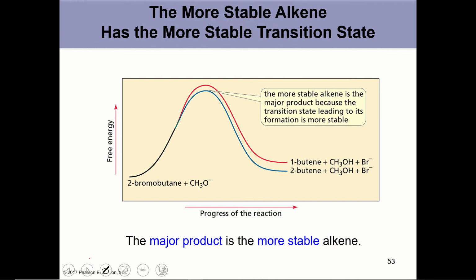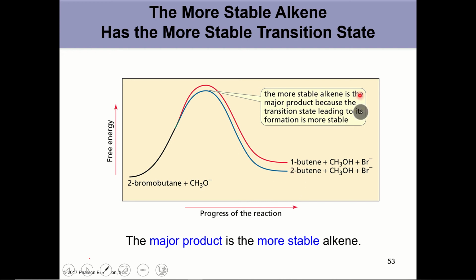Here's the demonstration: 2-bromobutane with methoxide. Notice that 1-butene is formed more slowly and is a higher energy final product, and 2-butene has a lower energy transition state and is the lower energy final product.